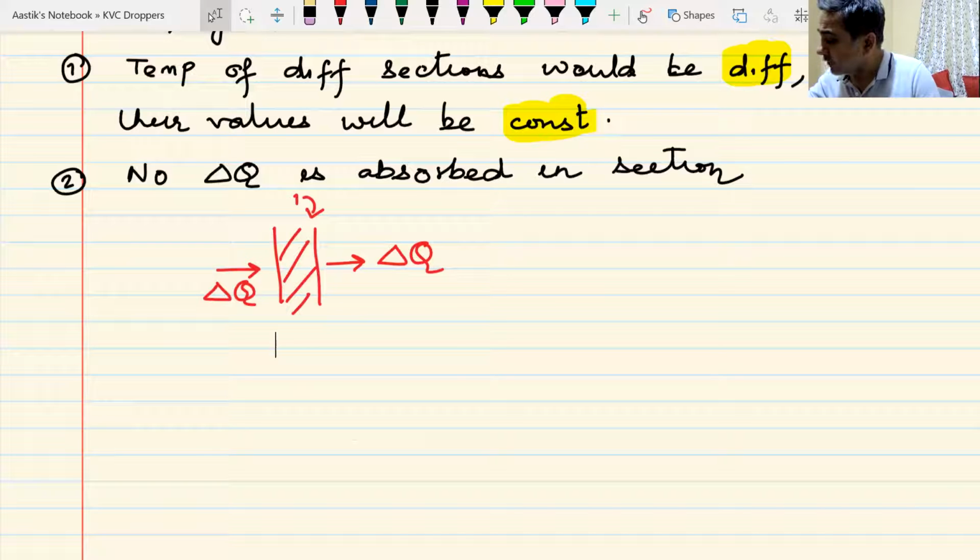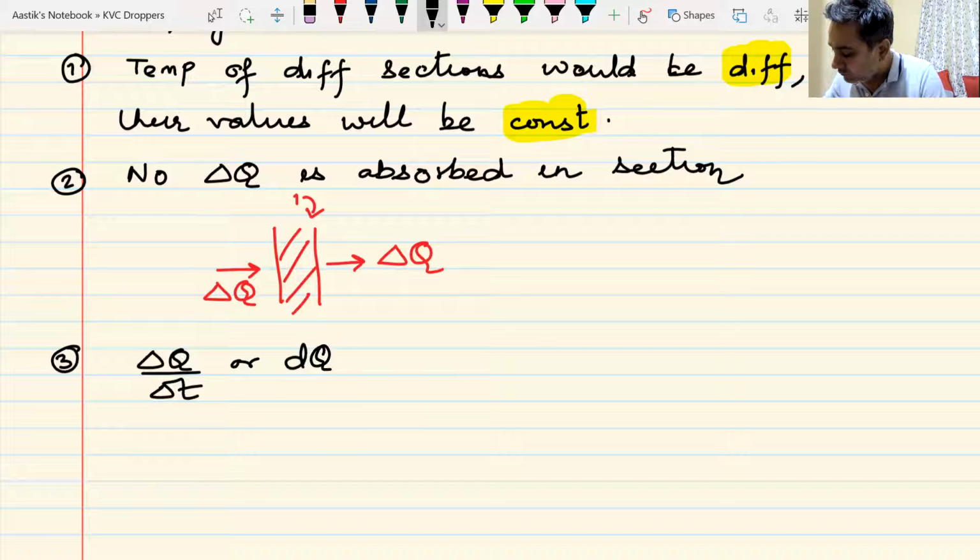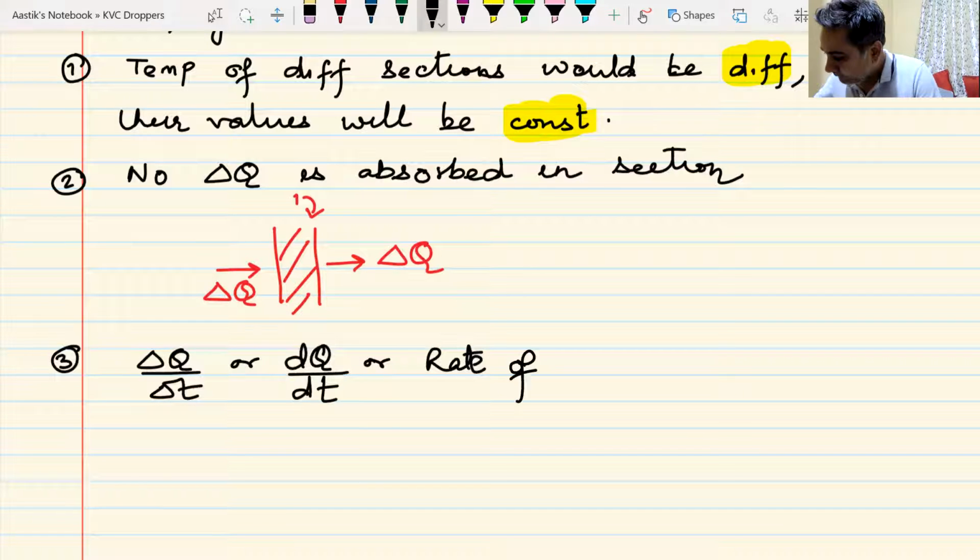That means what will happen? The rate of heat transfer, delta Q by delta T, or dQ by dt, or you can call it rate of conduction, will be constant.